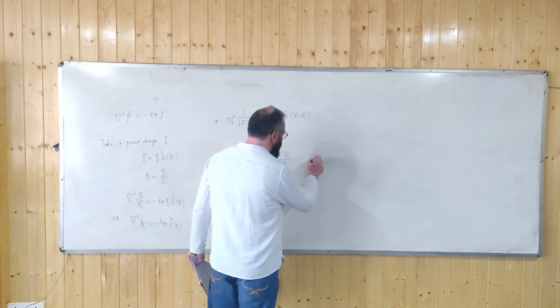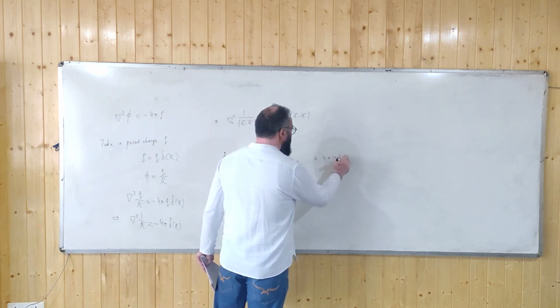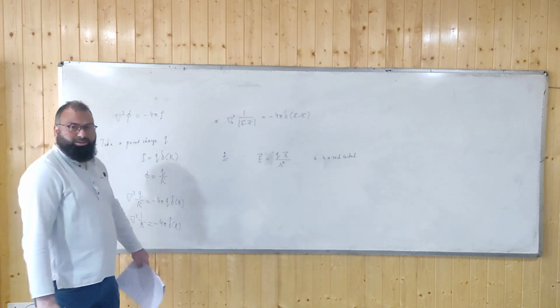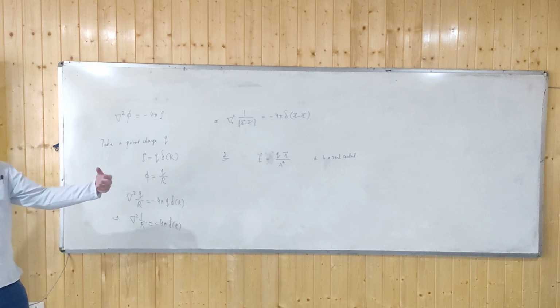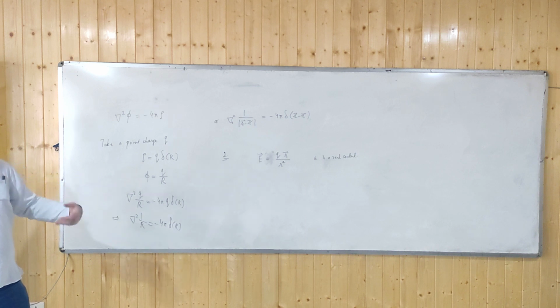E is given, and you are supposed to calculate the charge density, or the amount of charge that gives this kind of electric field, and try to calculate the potential.